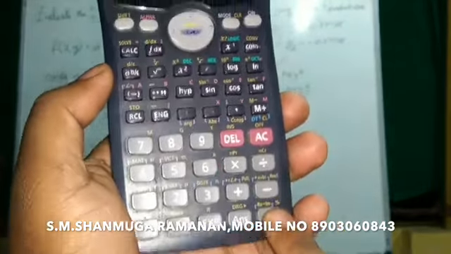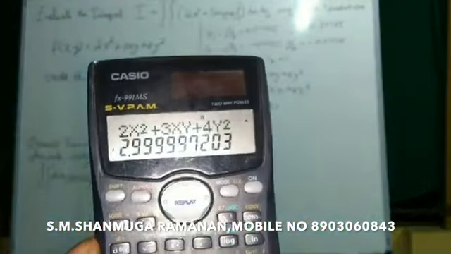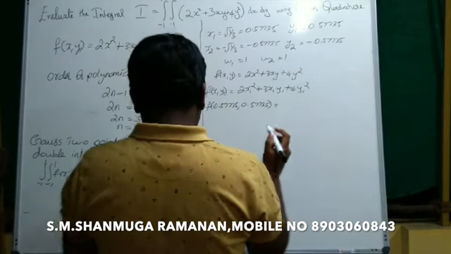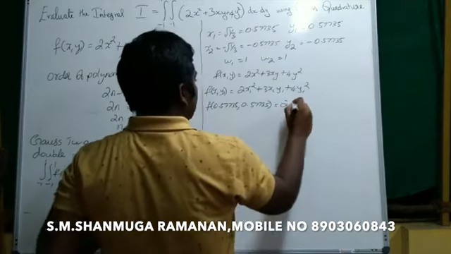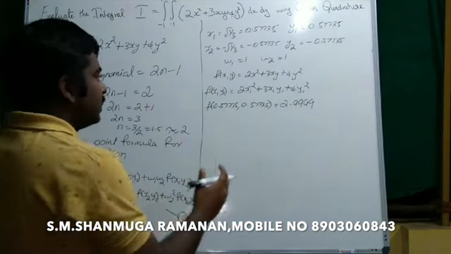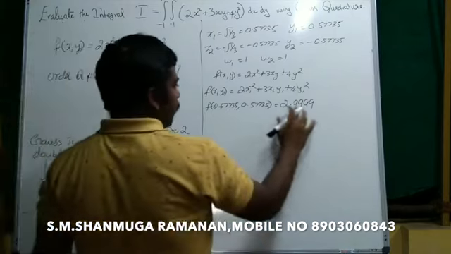Then press equal to, and the value is 2.9999. Next we use 4 digits.